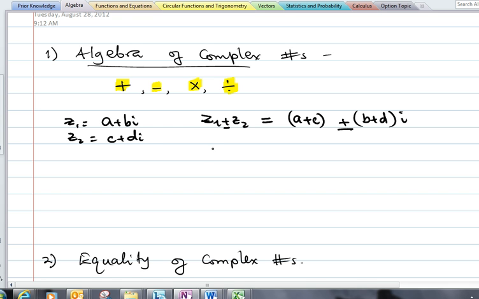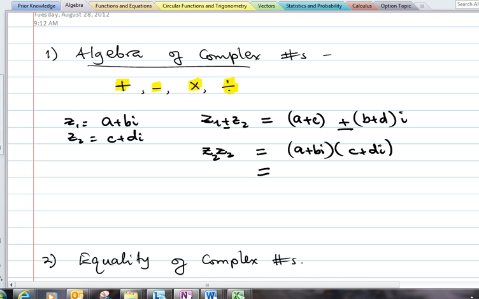If you multiply them, then hopefully you should be able to multiply the same way you would multiply in algebra, and that should give you a plus bi multiplied by c plus di.